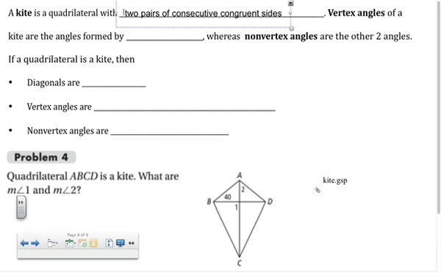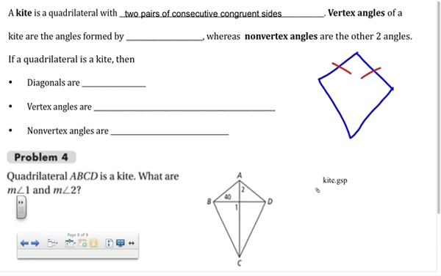All right, so vertex angles. Let's clarify some vocabulary regarding kites. The vertex angles of a kite are the angles formed by the congruent sides.